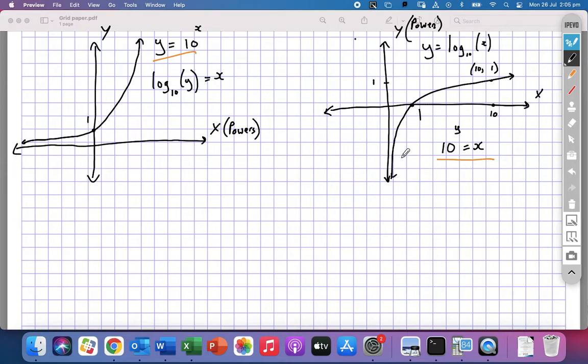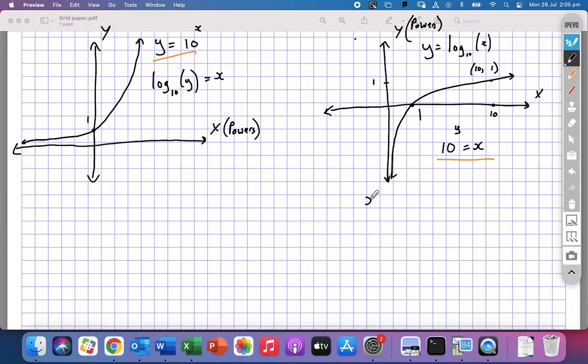And here you can see this theoretically goes down indefinitely, as opposed to an exponential graph that does have that horizontal asymptote along the x-axis here. So the log graph's got a vertical asymptote.